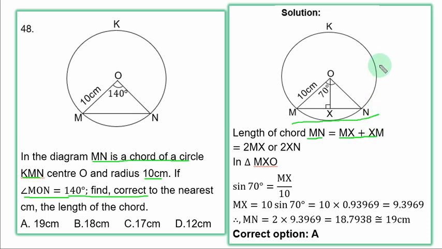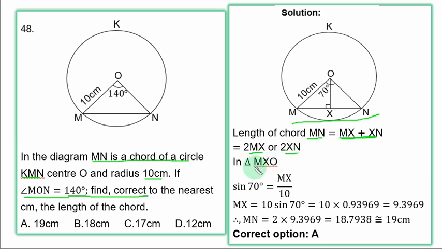This also means that the length of the chord MN can be obtained by multiplying MS by 2 or SN by 2, but we have to get MS from the diagram.